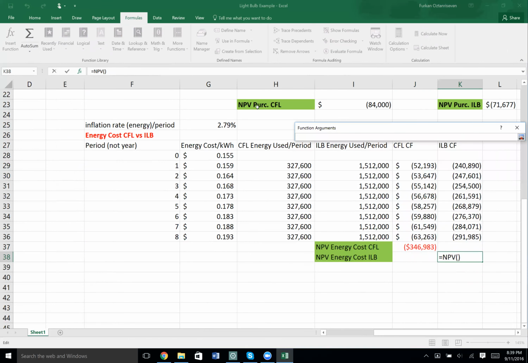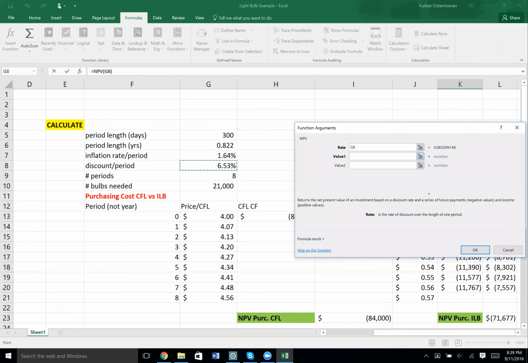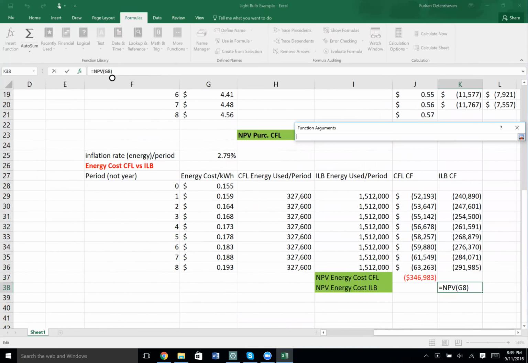It asks our rate, which is our discount rate right here. Enter. And it asks our values, which I have cash flows for ILB right here. Enter. And OK. So you can see here that ILB in 8 periods will cost us more than $1.6 million in terms of energy used, right?